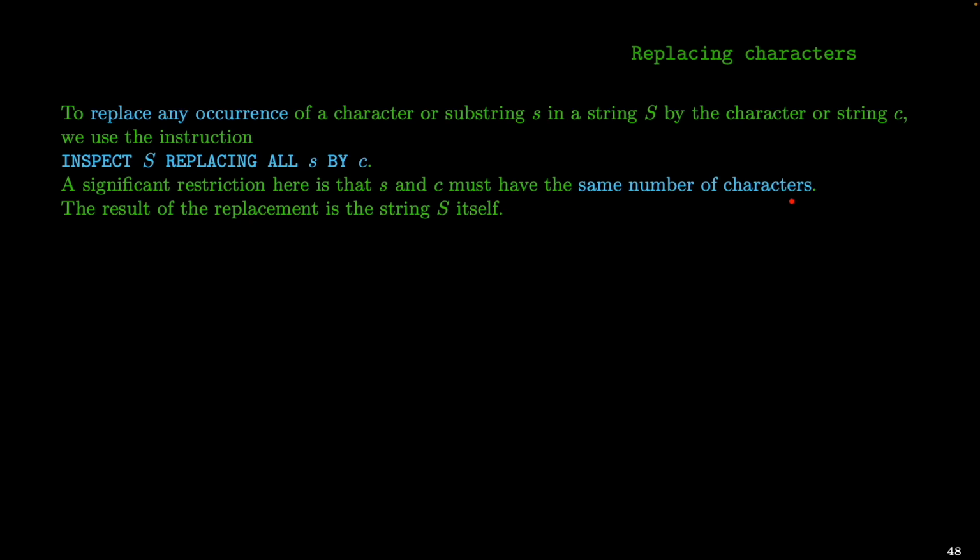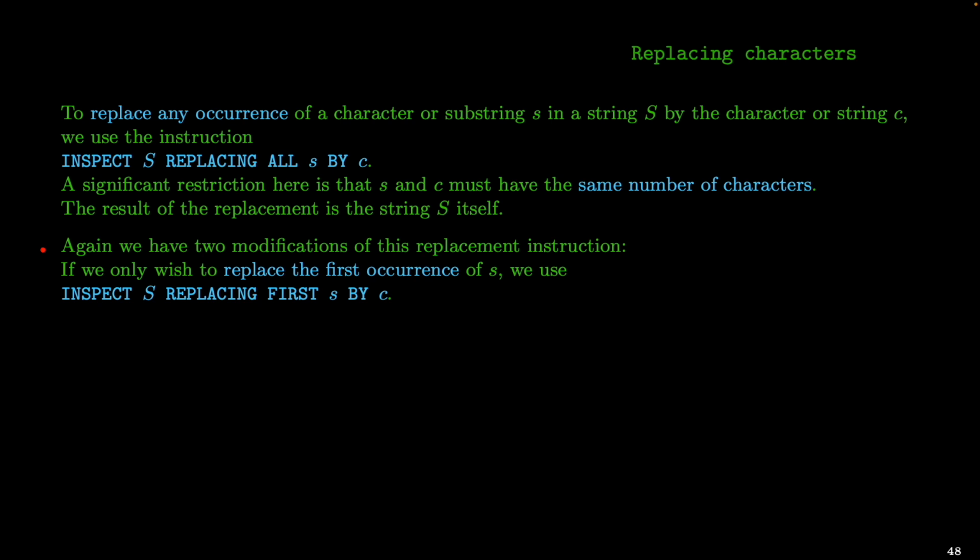So we can only replace substrings by other substrings of the same length. And the result of the replacement is written to S itself, so it's not stored in some third string, but it's done in place.